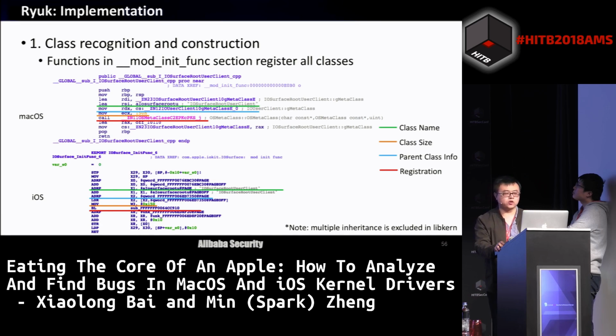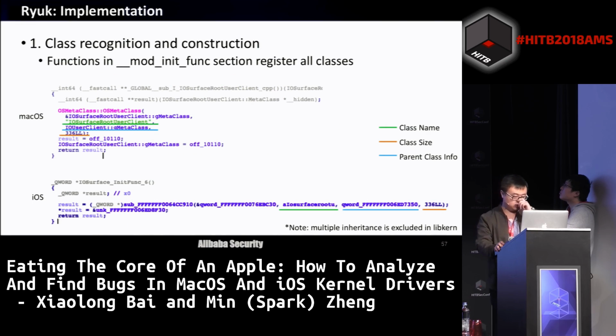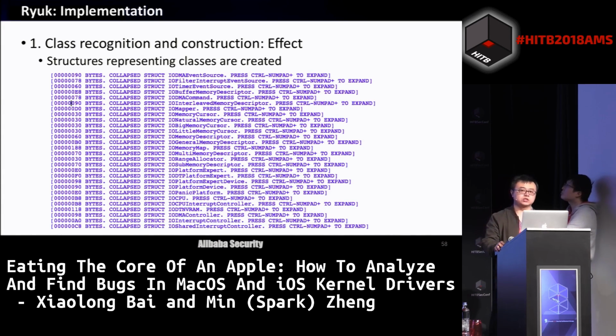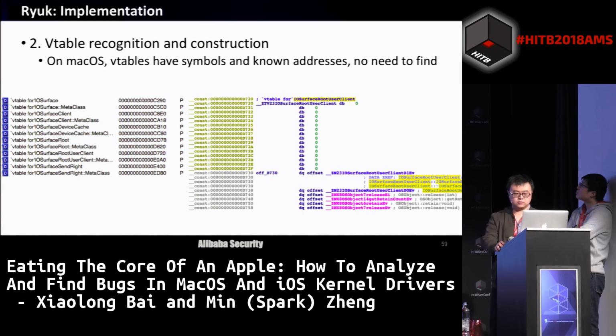So we perform some backward slicing static analysis techniques to identify these arguments passed to the registration functions. And then you can see that we can get the class name, the class size, and the parent class information from this code. Then we can create the structures representing these classes in Adapro. You can see that these structures represent the classes and their names.